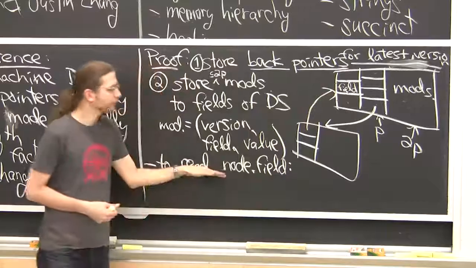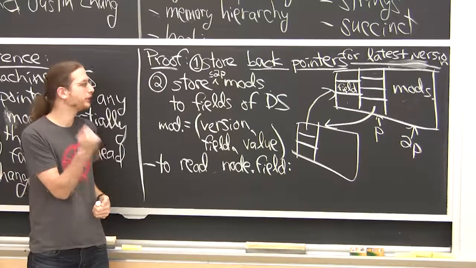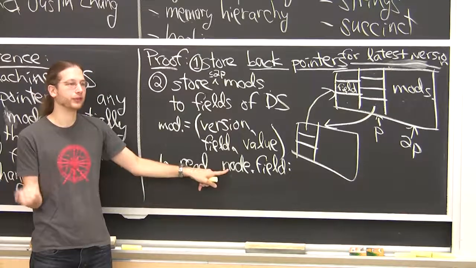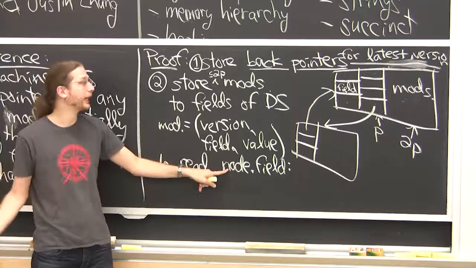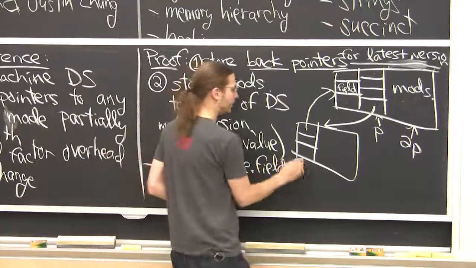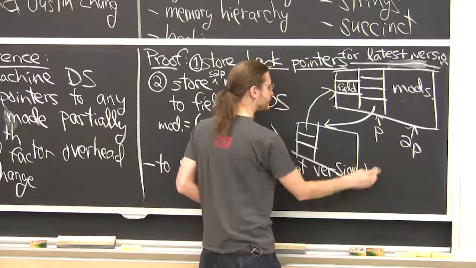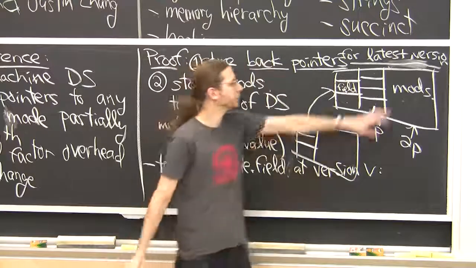When I say read the field, I'm given some version v, and I want to know the value of this field at version v, because I want to be able to look at any of the old data structures too. I look through all the modifications.